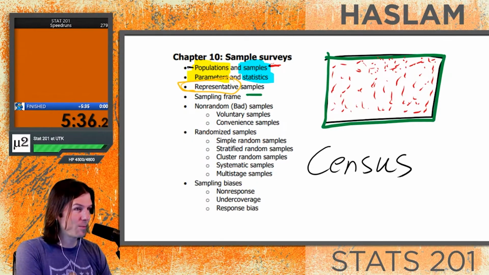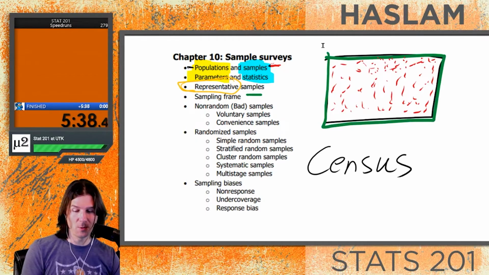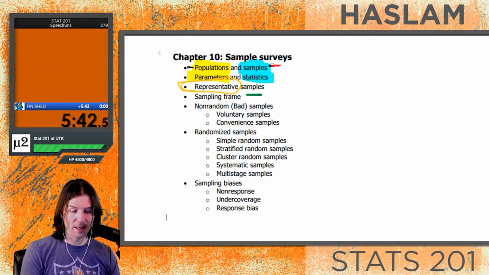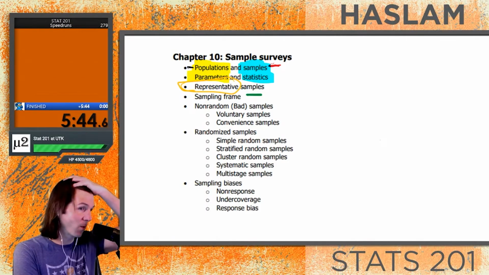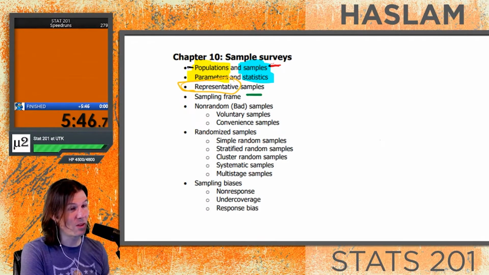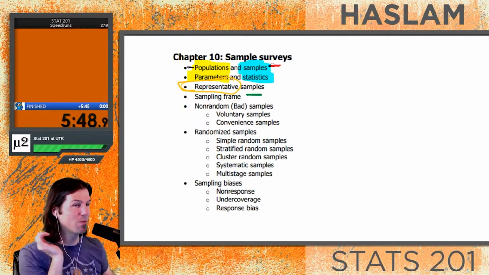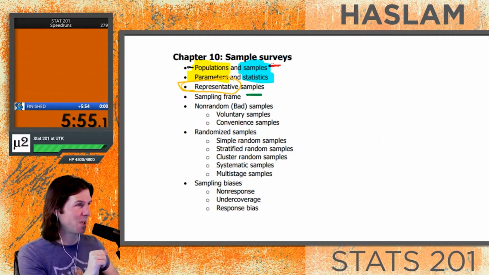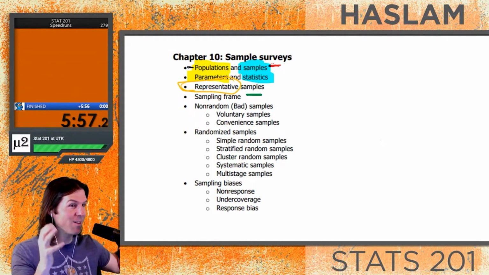So what are some bad types of sampling? Bad types of sampling would definitely be things like voluntary bias. Now, voluntary bias is when people are excited to take a survey. It's hard to understand how a person would be excited to take a survey, but voluntary bias would be like my classic Pokemon Go survey. If I'm like, hey, who wants to take a Pokemon Go survey? And someone's like, hey, I love Pokemon Go.